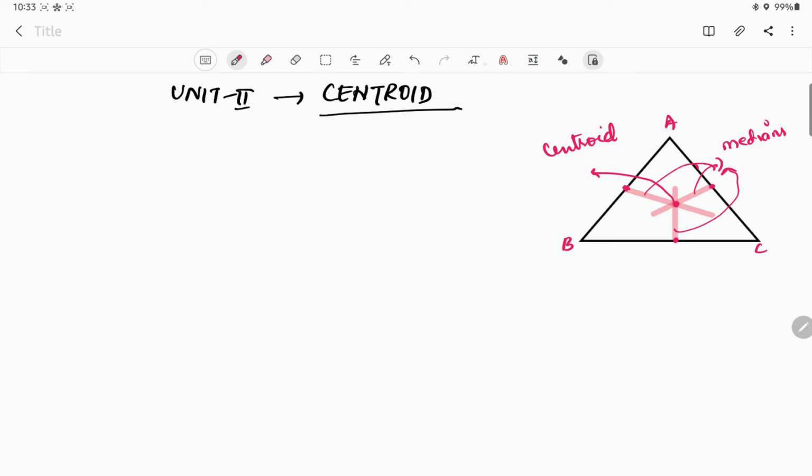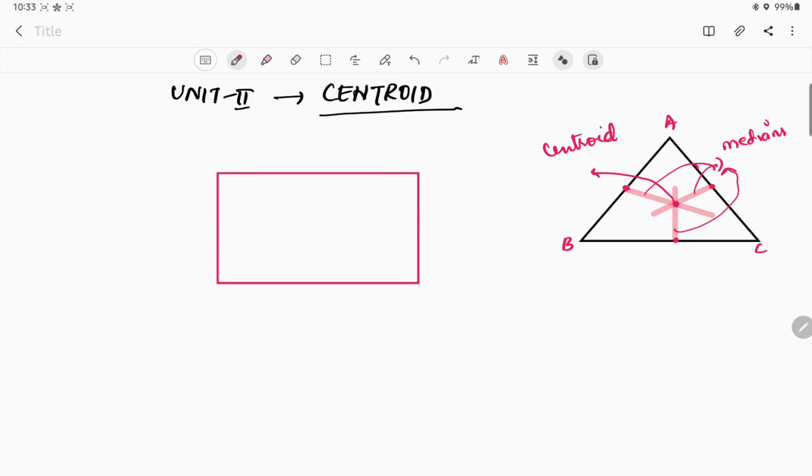We'll take another example, a rectangle. This is my rectangle.